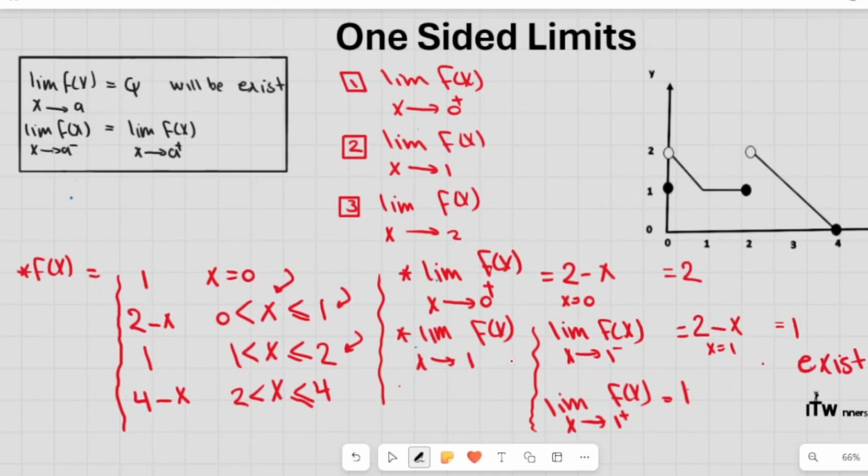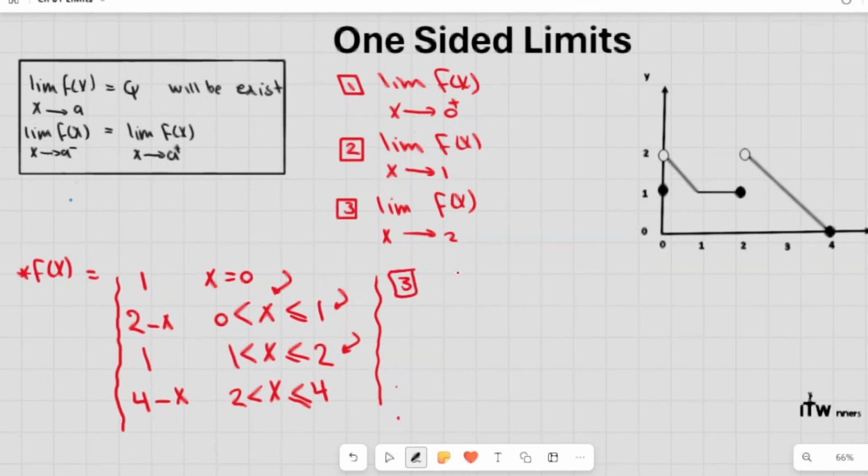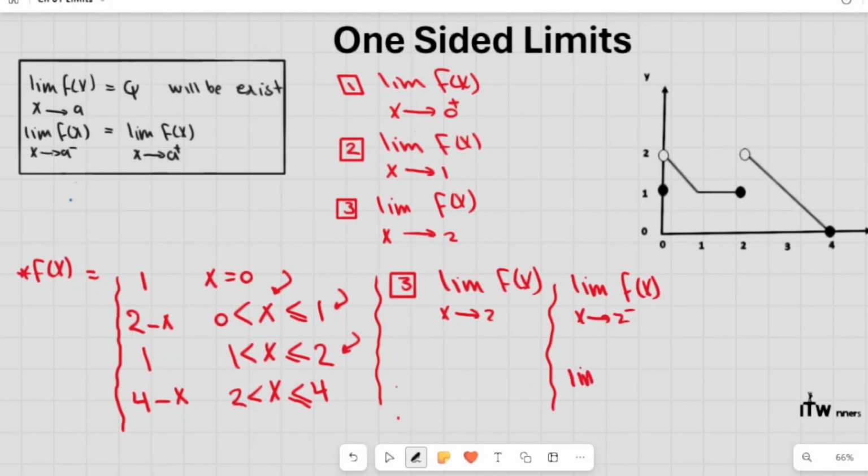Okay, again with the last one, the limit of f of x as x approaches 2 is divided into two limits. We have the limit of f of x when x approaches 2 from the negative side, and the limit of f of x when x approaches 2 from the positive side.